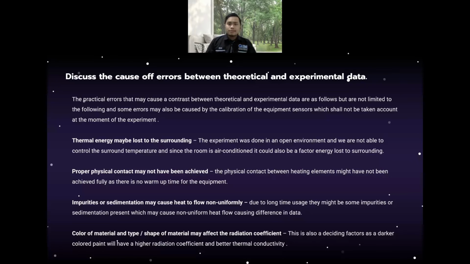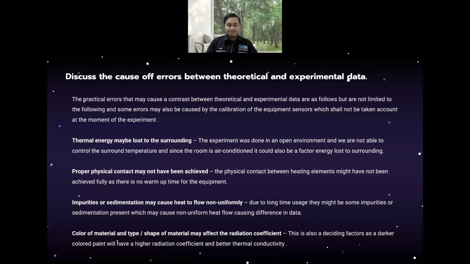Due to long-time use, there might be some impurities or sedimentation present which may cause non-uniform heat flow, causing differences in data. And lastly, the color of the material and the type or shape of the material affect the radiation coefficient. There is also a deciding factor in that a darker color paint will have a higher radiation coefficient and better thermal conductivity.